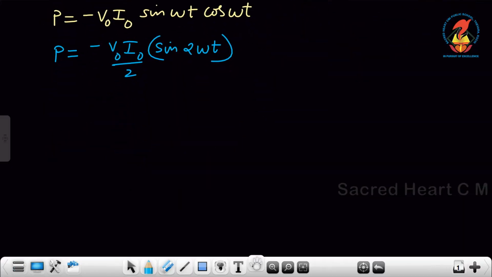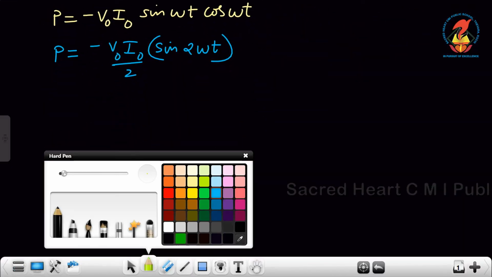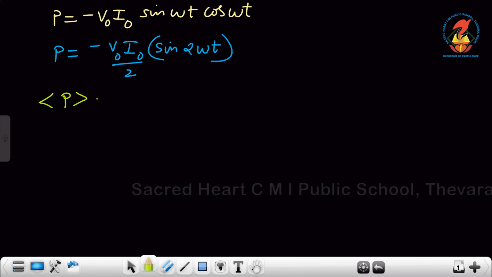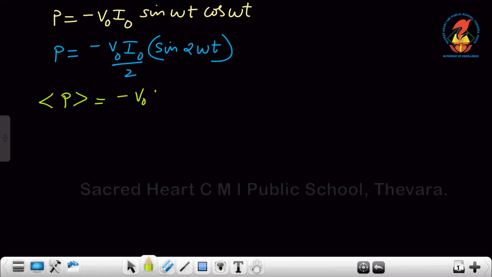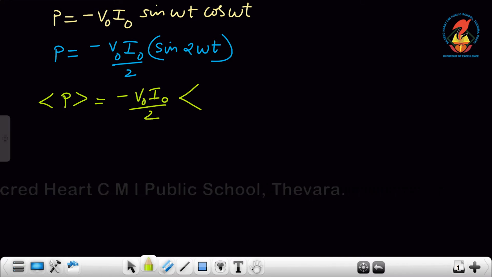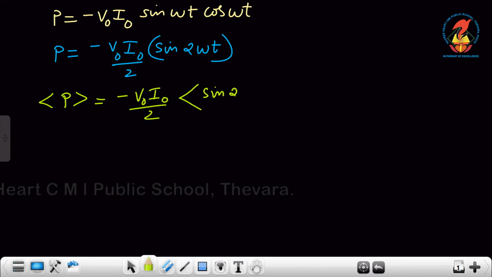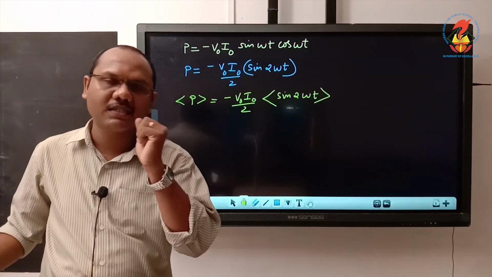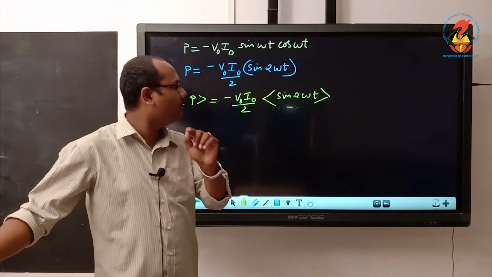Now how will we do the average power? I put it like this. This is the representation for the average power. Average power is equal to minus V0 I0 by 2 times the average of sine 2 omega t. Remember what we did in the last equation?